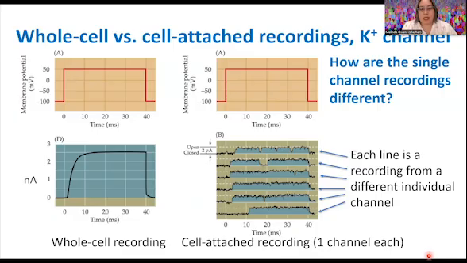Now, before we dive in and talk about what this means and how you get from these channels to this big current, we really want to understand what these single channel currents are and why they act the way they do.